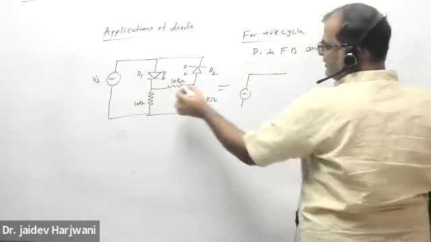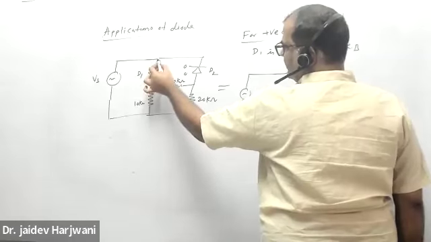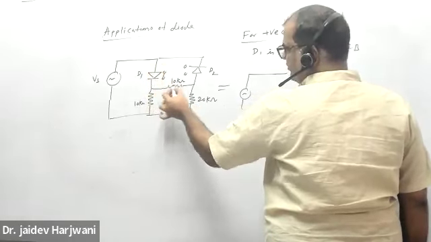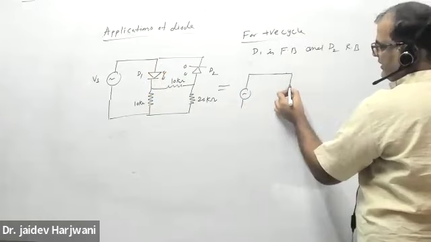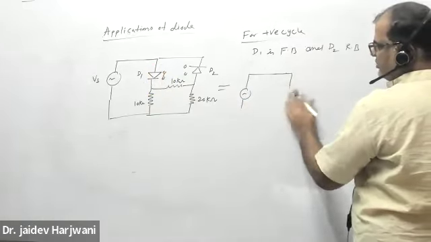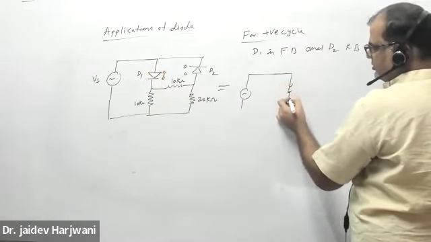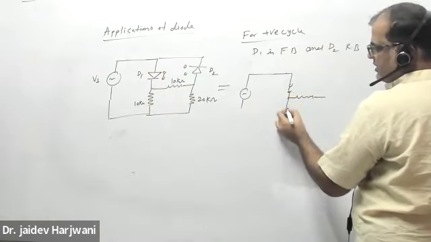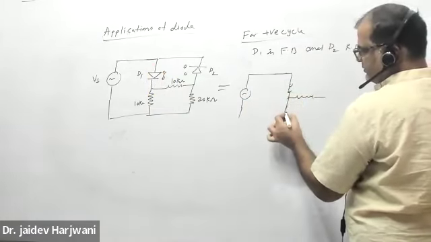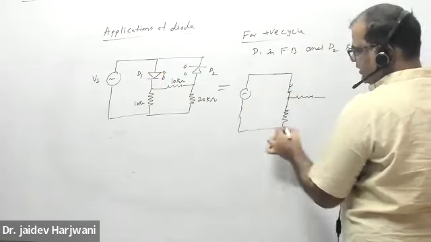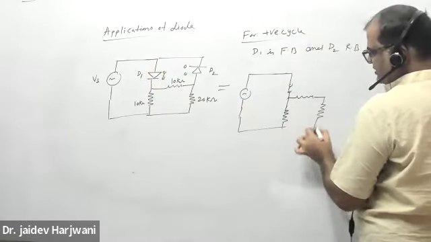Say this is a short circuit. Current will come from here and go here. This becomes a short circuit, so my current will go like this.